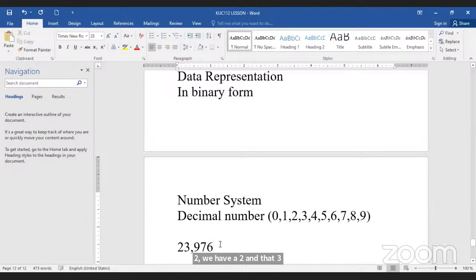So we have those decimal numbers that we usually use. Then a computer has what's called binary numbers.